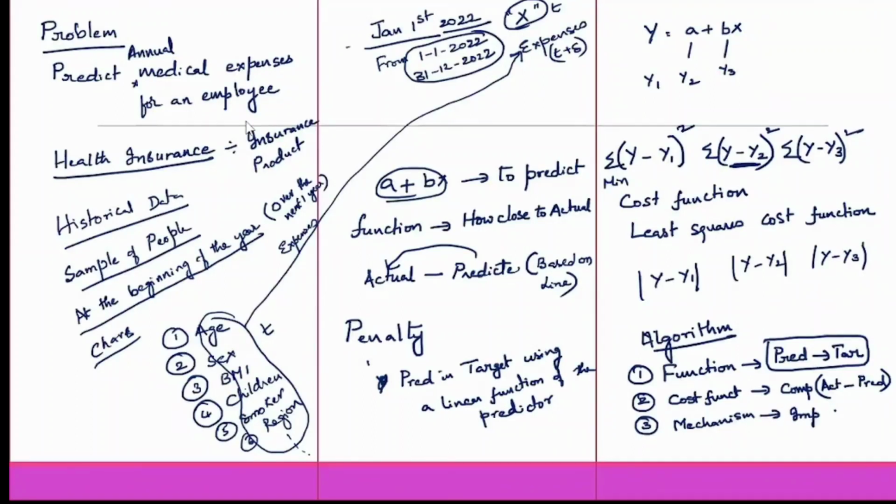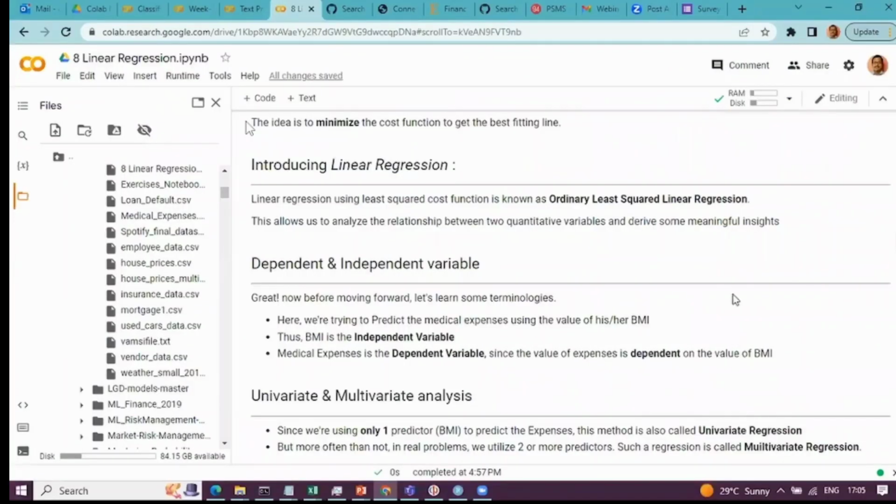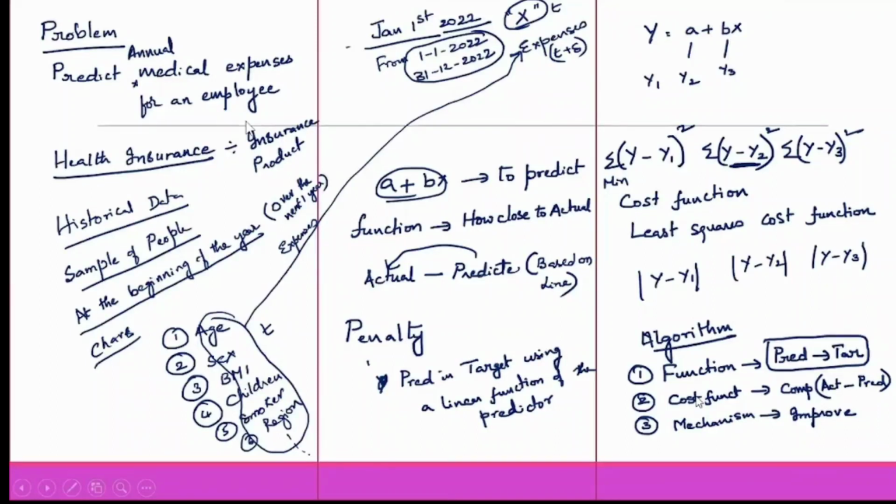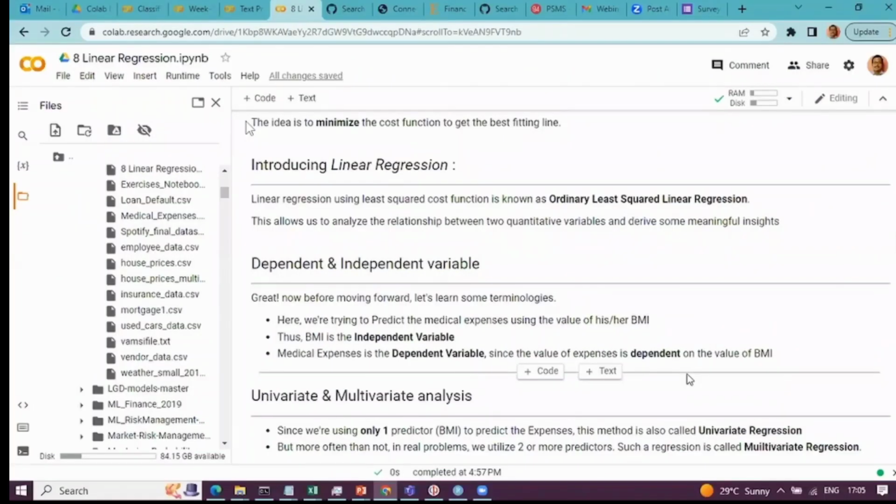Linear regression uses the least squares cost function. The function to predict the target, we have already seen, is a linear function. Then the cost function that compares the actual with the predicted is called the least squares cost function.